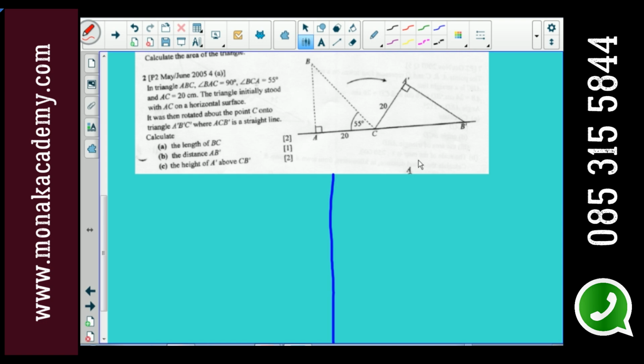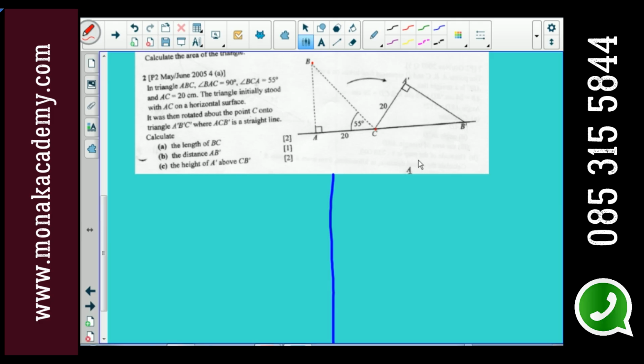But now it's going to be a choice of which part of SOH-CAH-TOA we are going to use, which will not be so difficult to do, right? So let's look at what they want first. They want the length of BC. So in this case, from triangle ABC, BC, is it an opposite, is it a hypotenuse, or is it an adjacent?